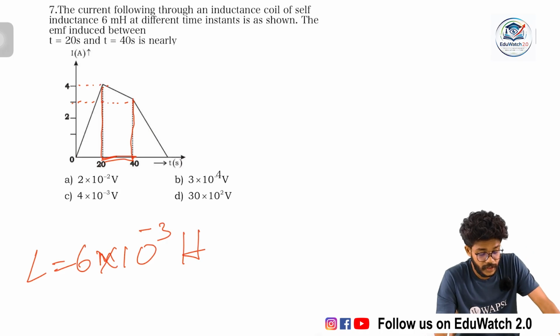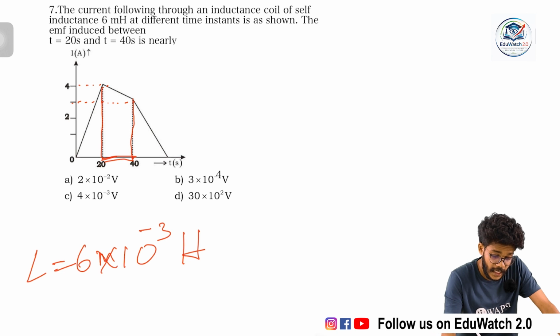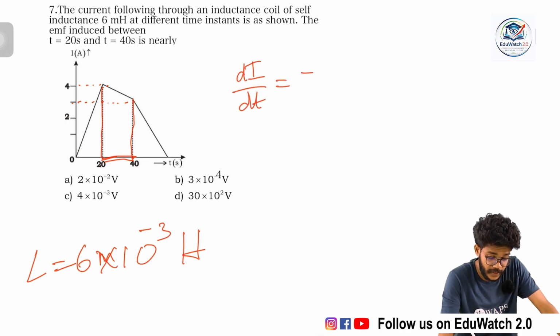Okay, this is the portion, and in this time interval we can find the rate of change of current with respect to time. di by dt is the slope, which is negative because it is pointing downward. So the negative change in current: its unit is 2, so half of the unit is 1.